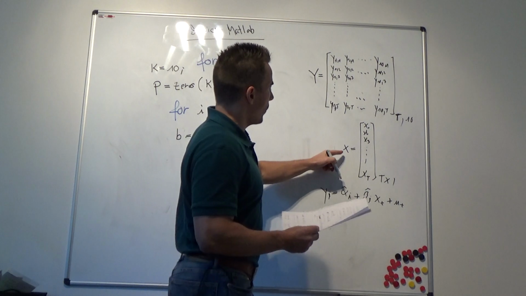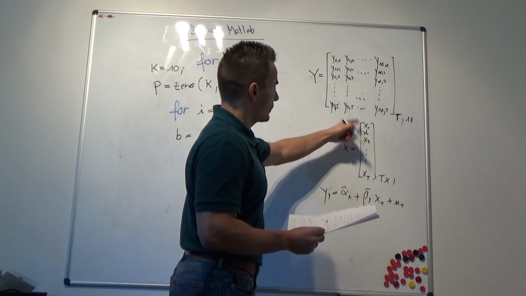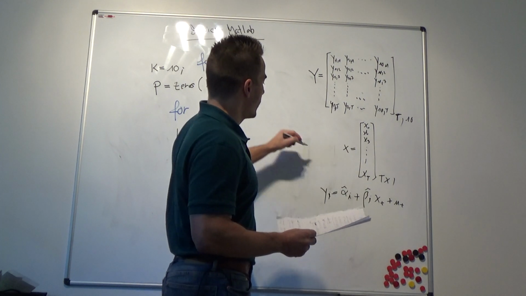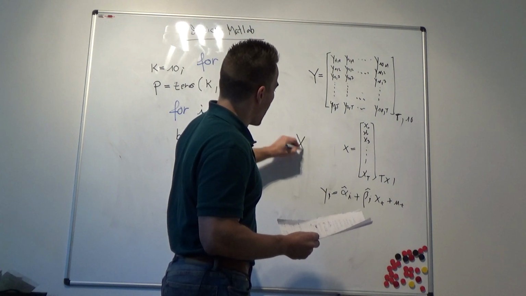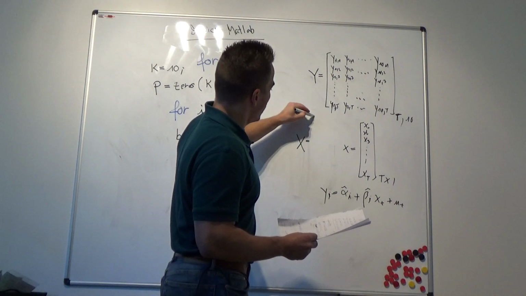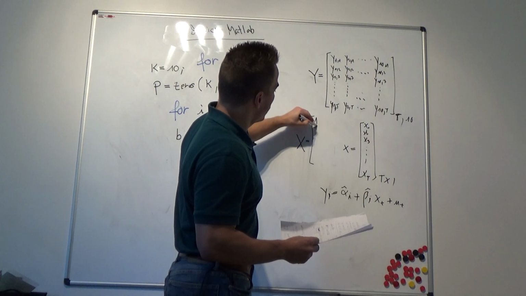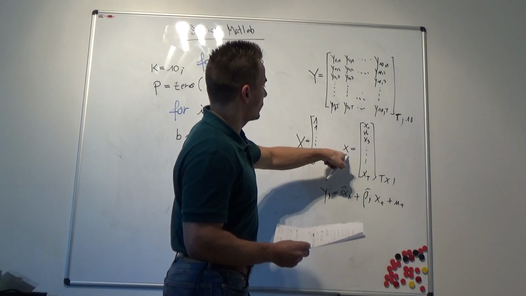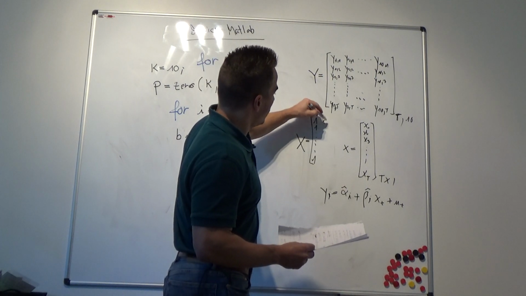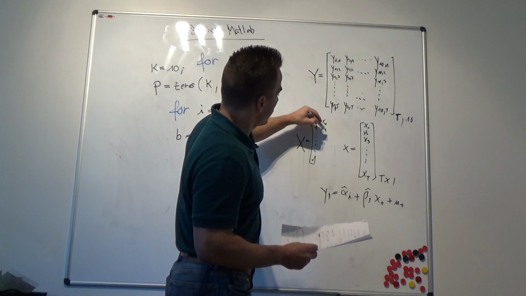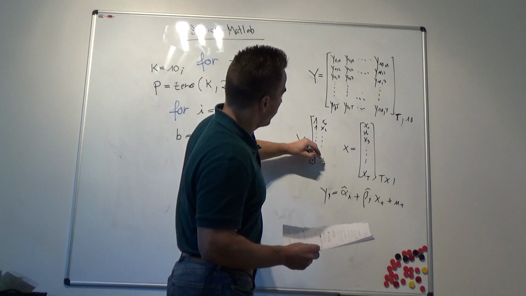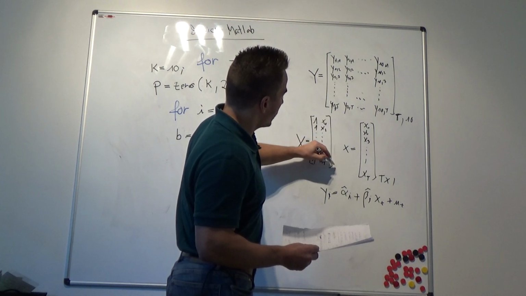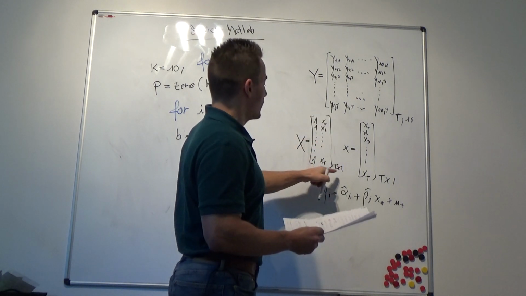We have our small x here, which is our vector of excess returns from the market, and our capital X matrix consists of ones in the first column, and this vector x is obviously the second column. So it's a T by 2 matrix.